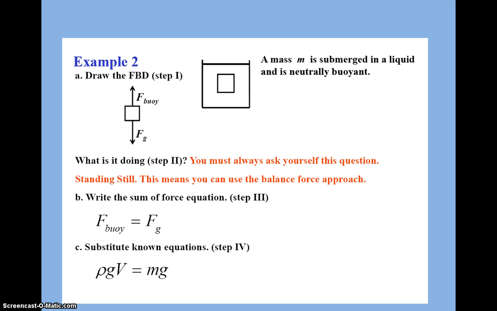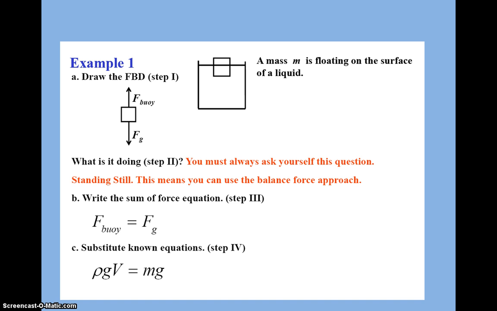Whereas here, when we have that fully submerged object, then we would have the weight of the object being equivalent to the buoyancy again. However, in this case, the volume would be equivalent to the total volume of the submerged object, as this was only the partial volume that was below the surface.